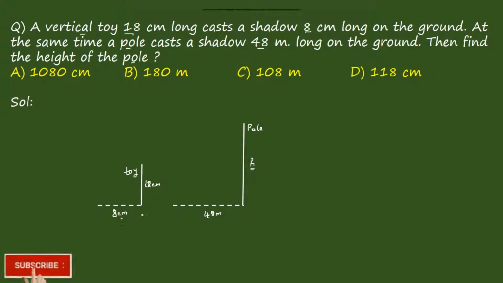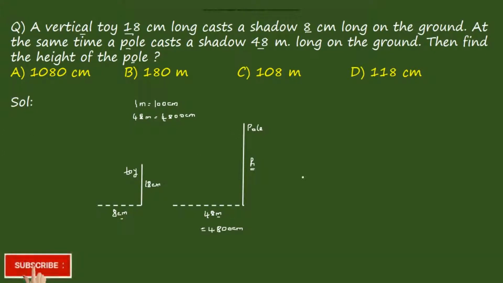Here it is in centimeters, here it is in meters. So we know that 1 meter is equal to 100 centimeters. Then 48 meters is equal to 4800 centimeters. Then here it becomes 4800 centimeters.